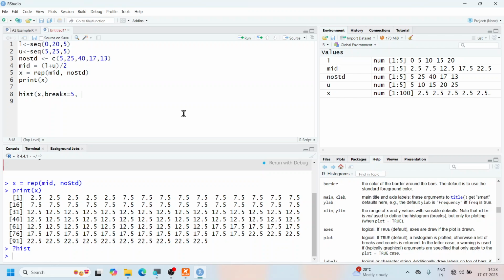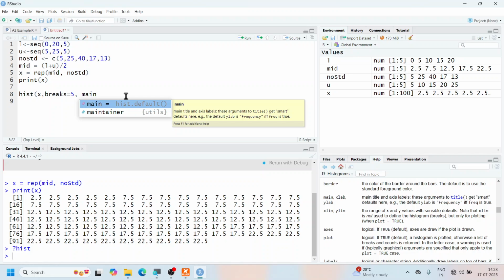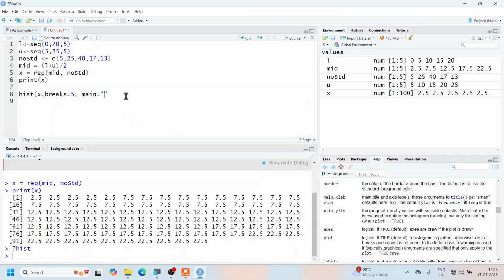So let's click here, and I'm going to say main, that is the main label we are talking about. And you can say frequency distribution, or histogram, whatever you like. Let's say frequency distribution.